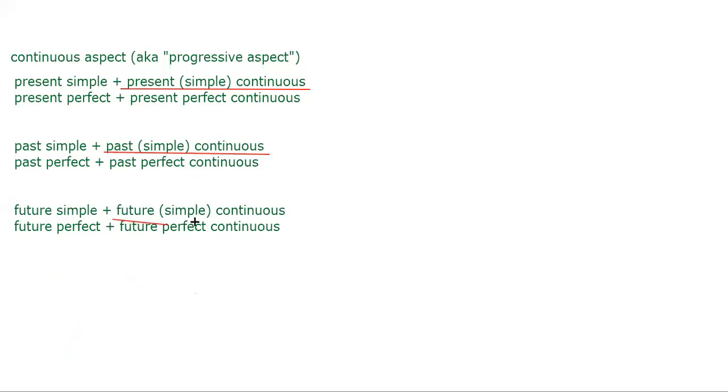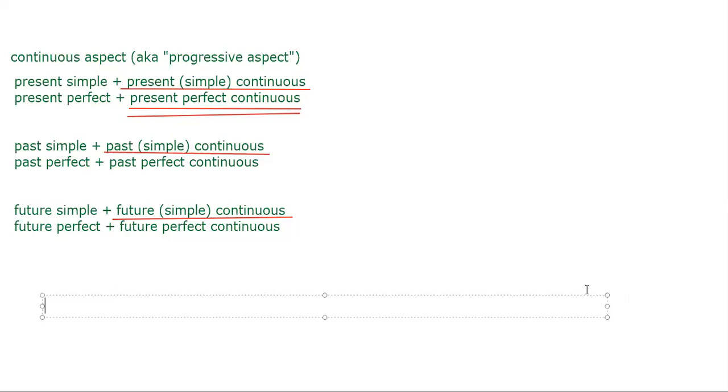Now let's talk about the present perfect continuous. Everyone loves that one. Not really, but anyway, this one is actually pretty commonly used compared to the past perfect continuous and the future perfect continuous, which are rarely used.